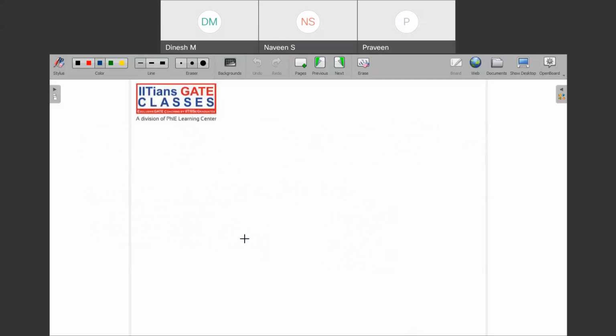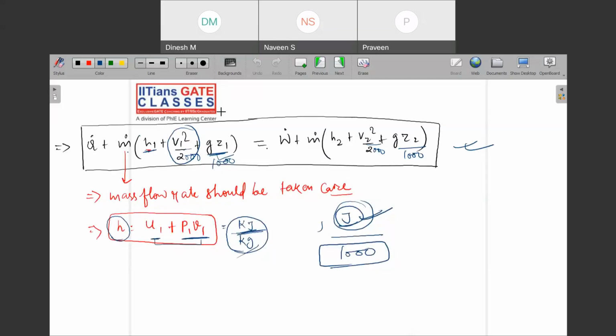Okay, now we have various steady flow devices, so we will apply this steady flow energy equation. This equation which we have got here is the steady flow energy equation.